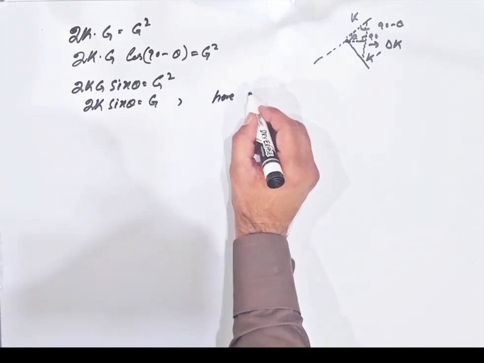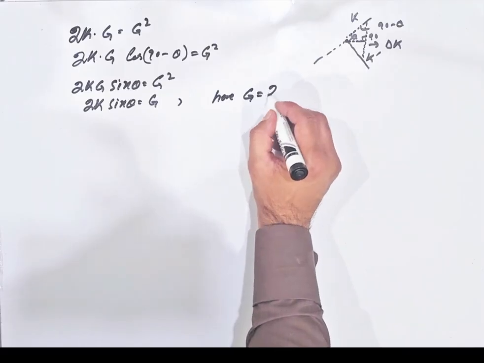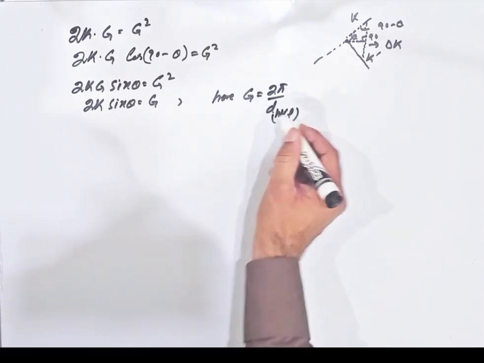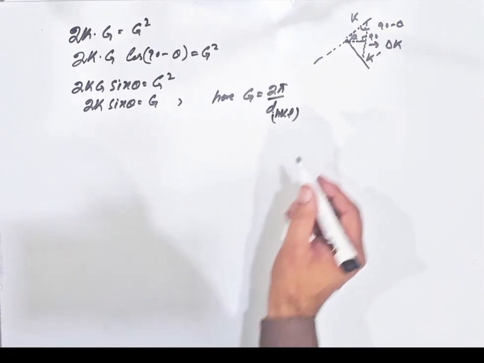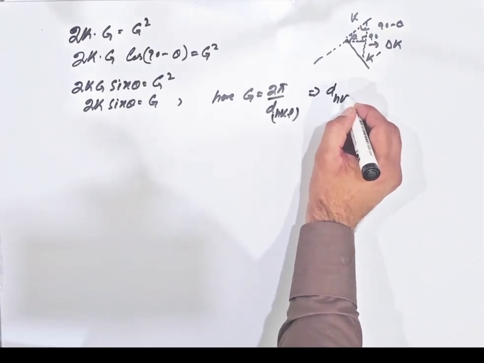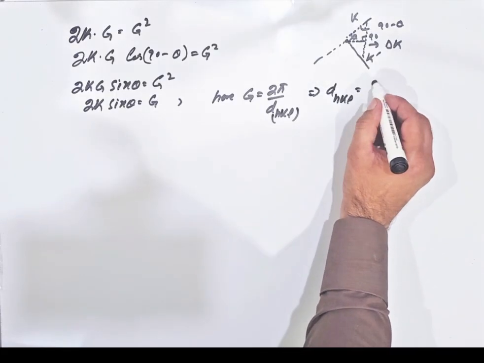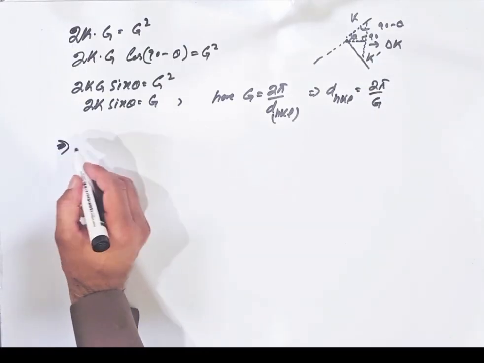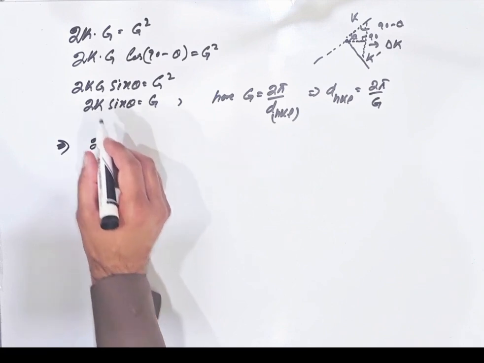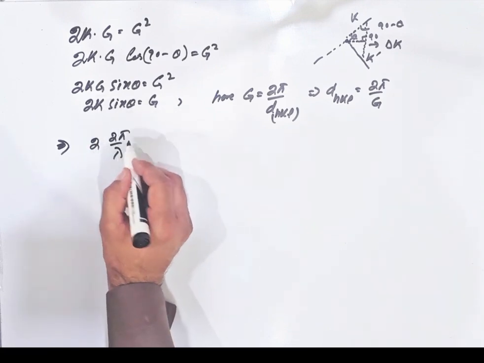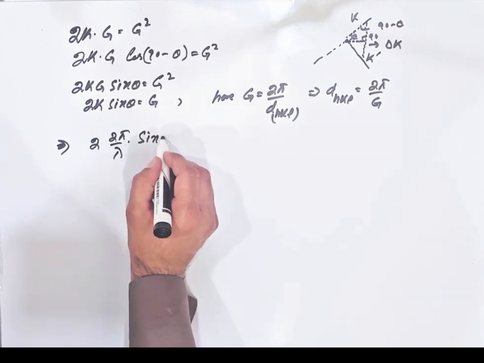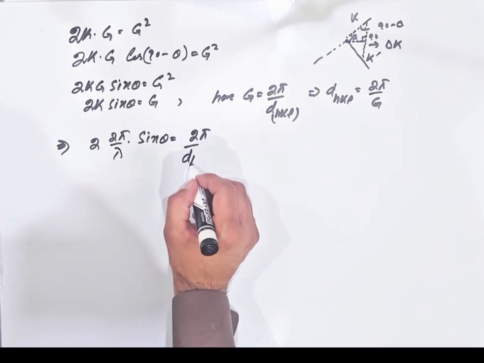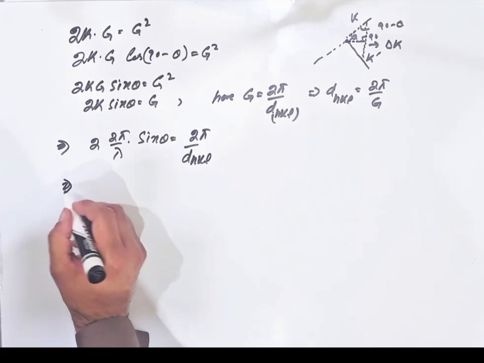Here G is 2 pi by d_hkl, a reciprocal lattice vector, or d_hkl is 2 pi by G. So k is 2 pi by lambda, and 2k sine theta is equal to G. G is 2 pi divided by d_hkl.